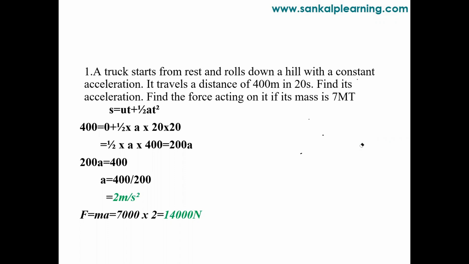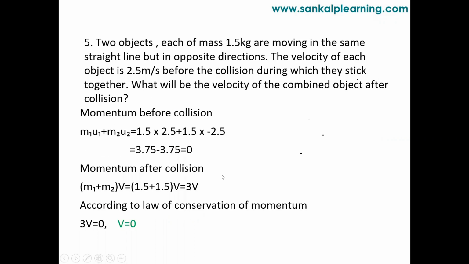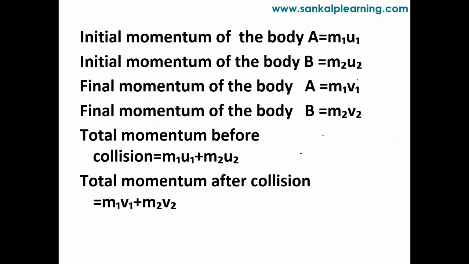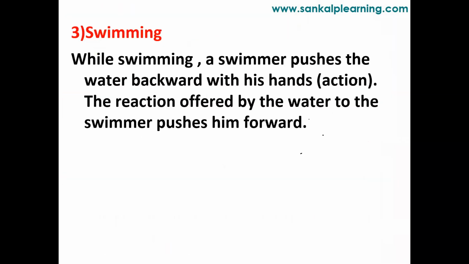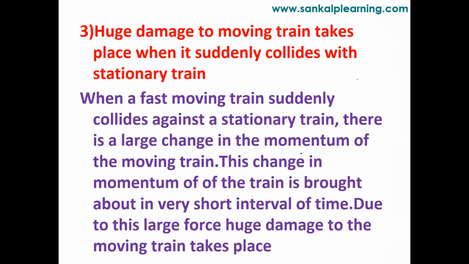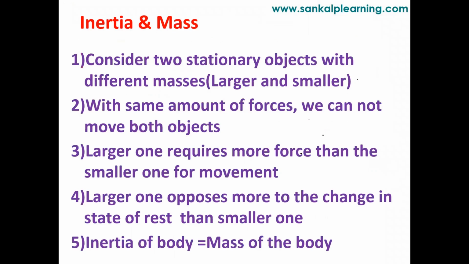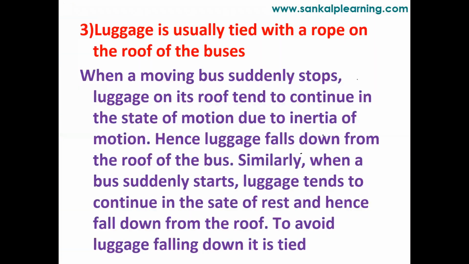I'll just read the second question here, students. The second question is, when a carpet is beaten with a stick, dust comes out of it. Explain. I told you already, and in the slide also we discussed this. When a carpet is beaten with the stick, because of inertia of rest, the dust particles will get detached from the carpet.